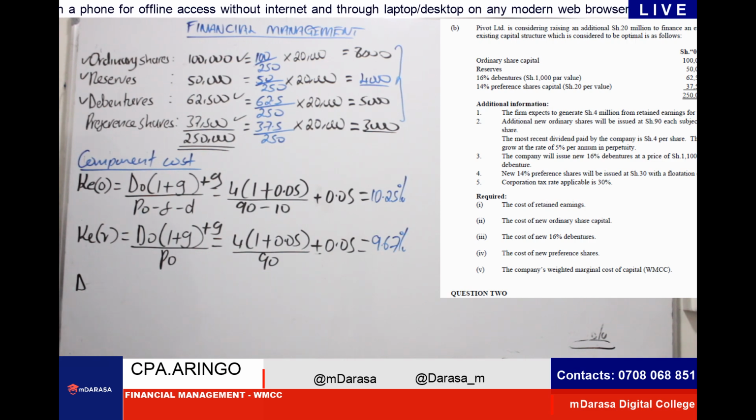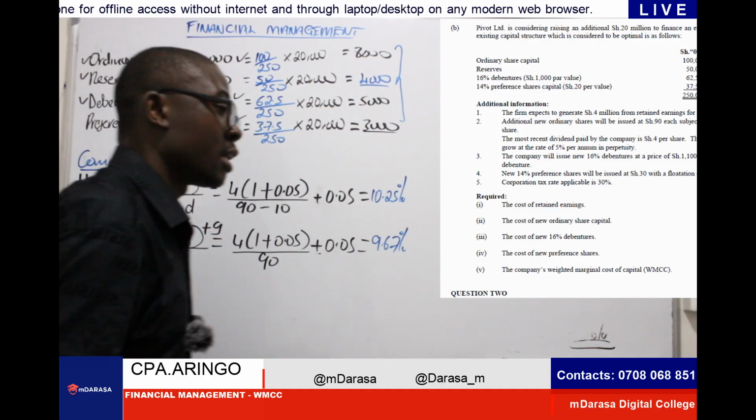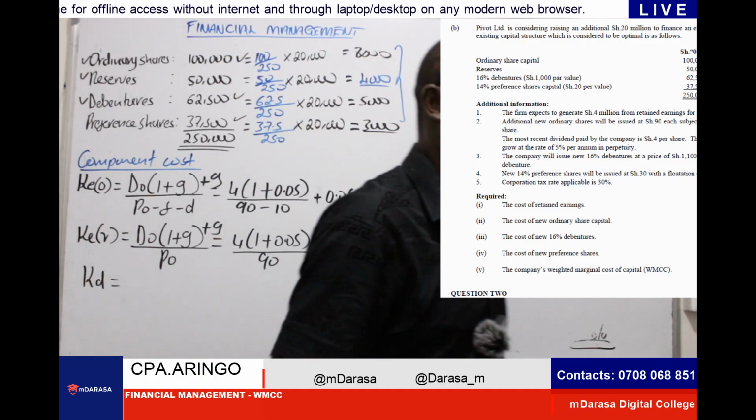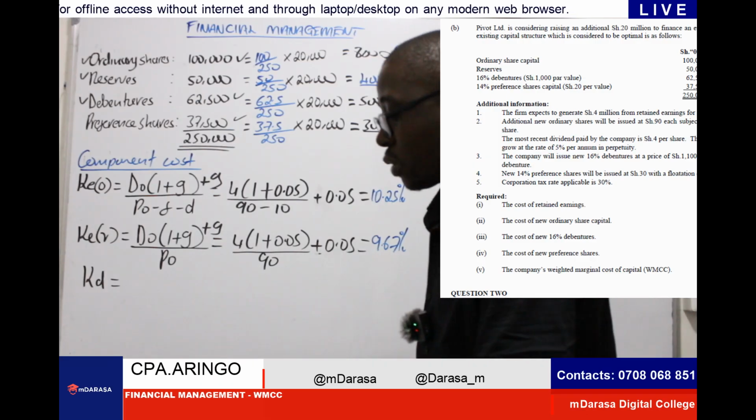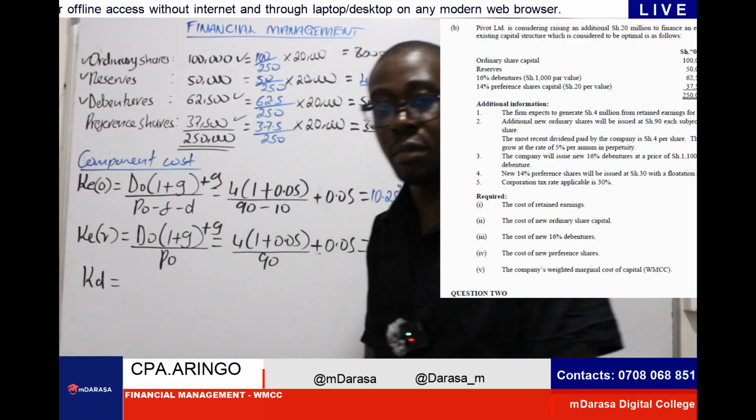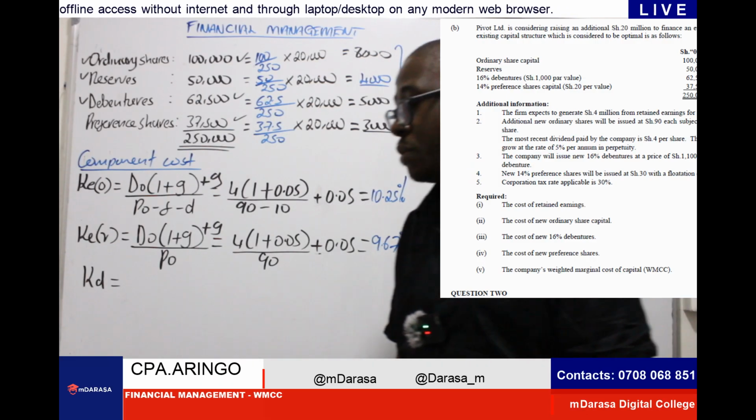Kd will always be considered after tax. And you have to consider whether you are dealing with irredeemable or redeemable debts. Redeemable debts are those that have a maturity period. Irredeemable are those that don't have a maturity period.